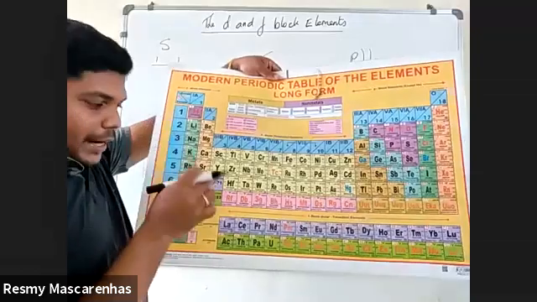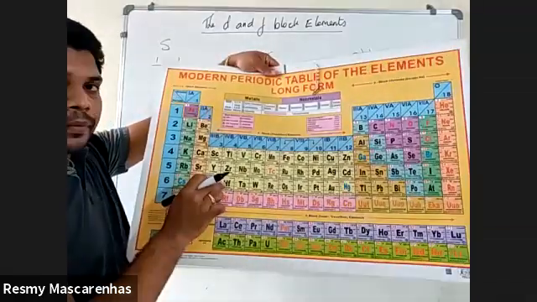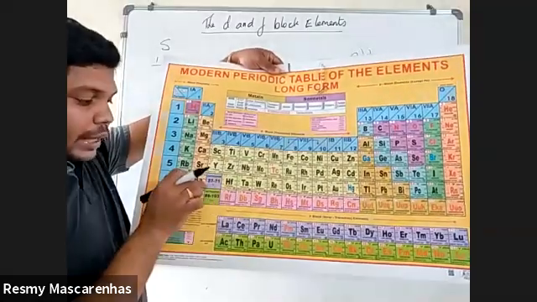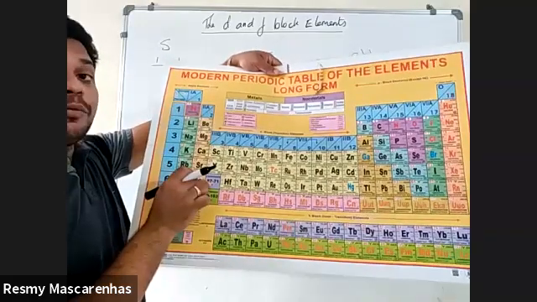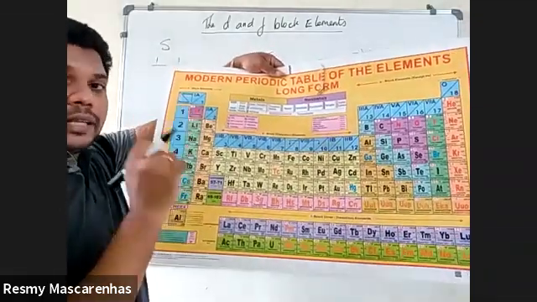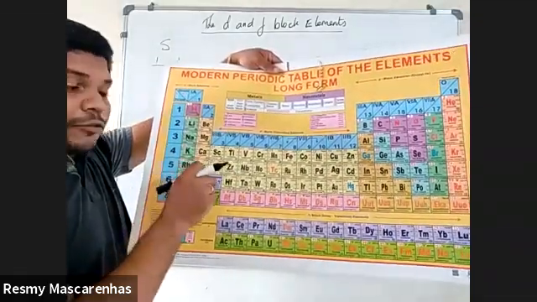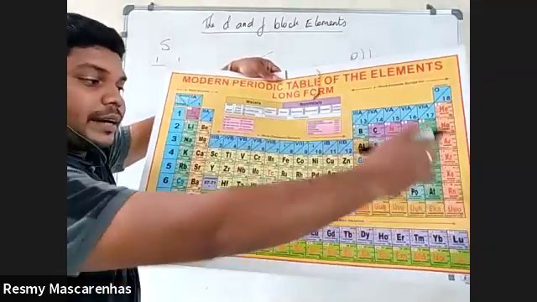But if you see it minutely, the third transition series starts from 72. But before 72, can you see here the purple color? This is nothing but the lanthanides, F block element. As the lanthanides have 14 elements, if you write those 14 elements here, this would have extended, yes or no?